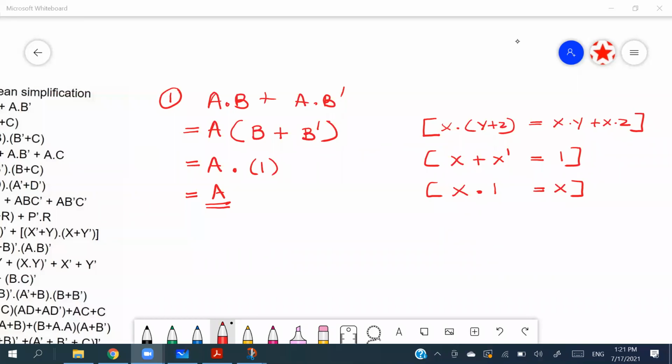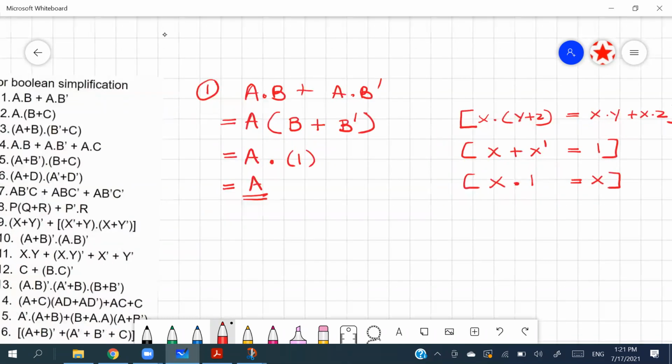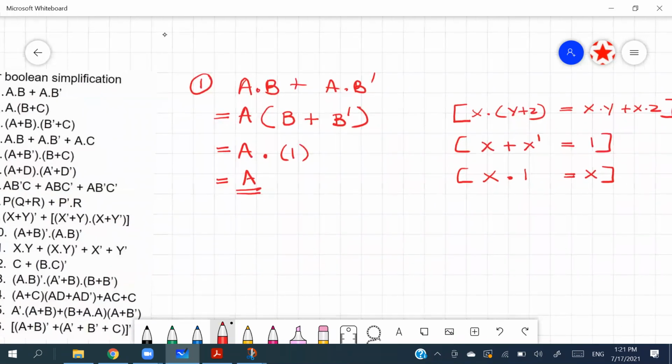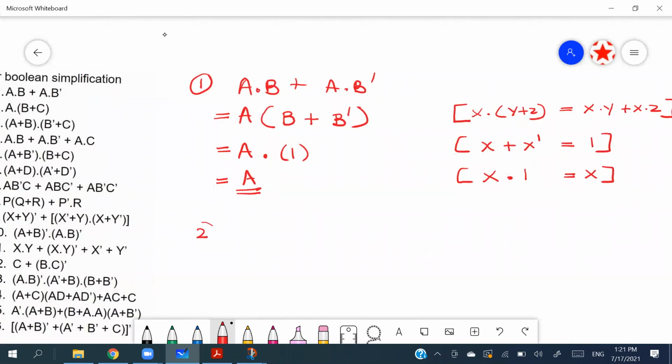All right. Copy it down and do the correction if you find anything wrong. Meanwhile, I'll do the second one. There is not much to change. It says A dot (B plus C).